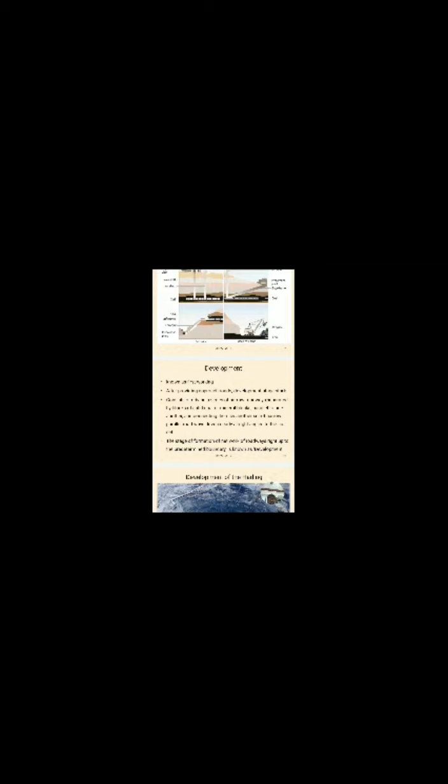In case of longwall mining, nowadays the usage of longwall mining is very high.